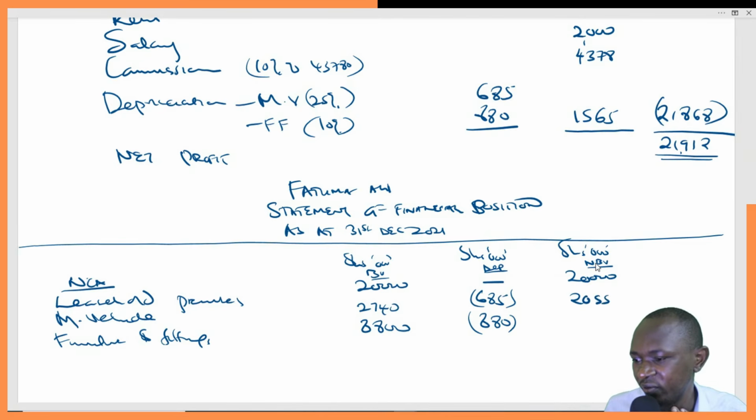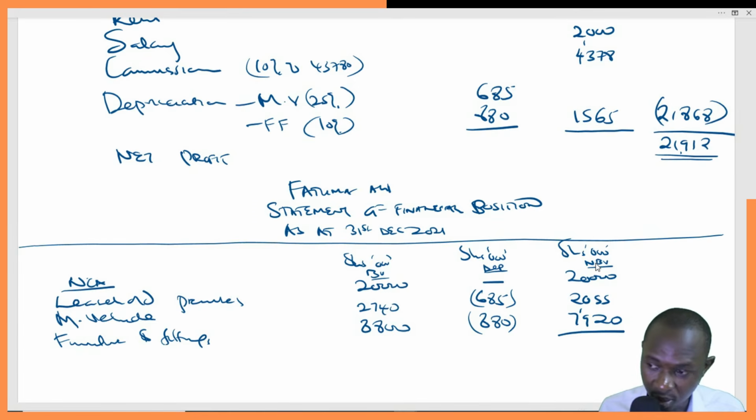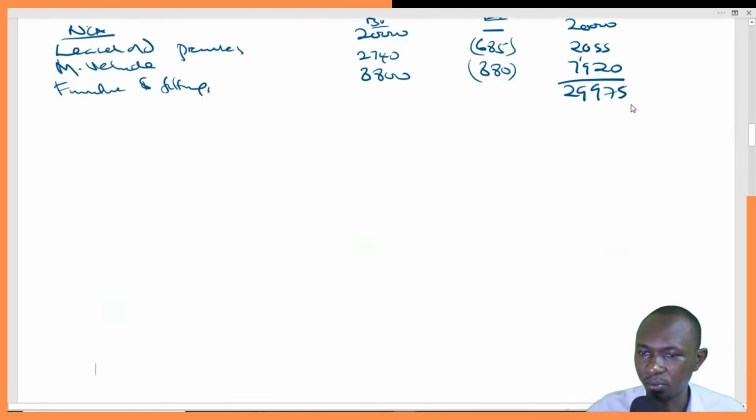Then 8,800 minus 880 gives us 7920. I doubt if we have any other non-current assets, so we add that, and we get 29,975. That is the value of non-current assets.